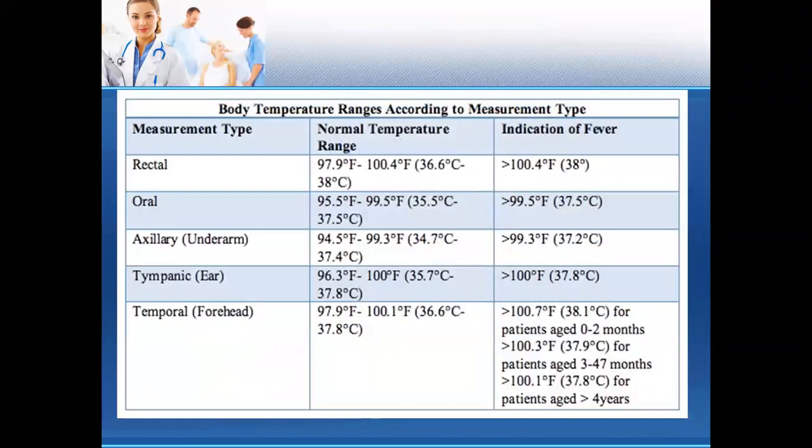Older adults also have lower temperature than adults. Things that increase the temperature are hormonal changes, like menstruation, ovulation, and menopause, as well as exercise, dehydration, or illness.